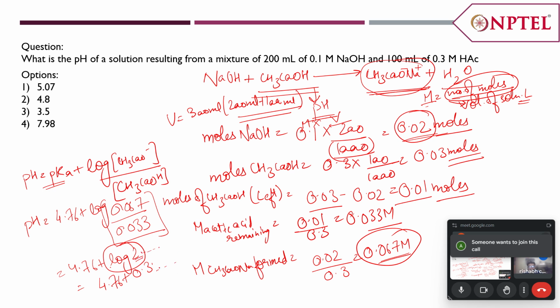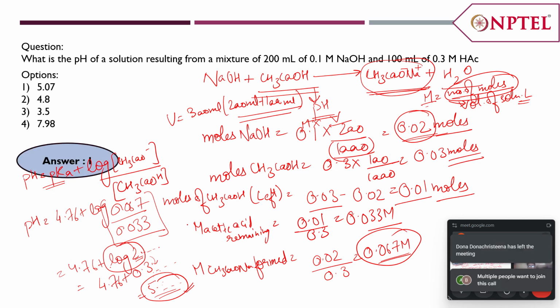So after that, something comes in the digit after 3. So this would be around 5 point something. Okay, so this would be the final pH of the solution. So that's why the correct answer would be answer 1, that is 5.07.